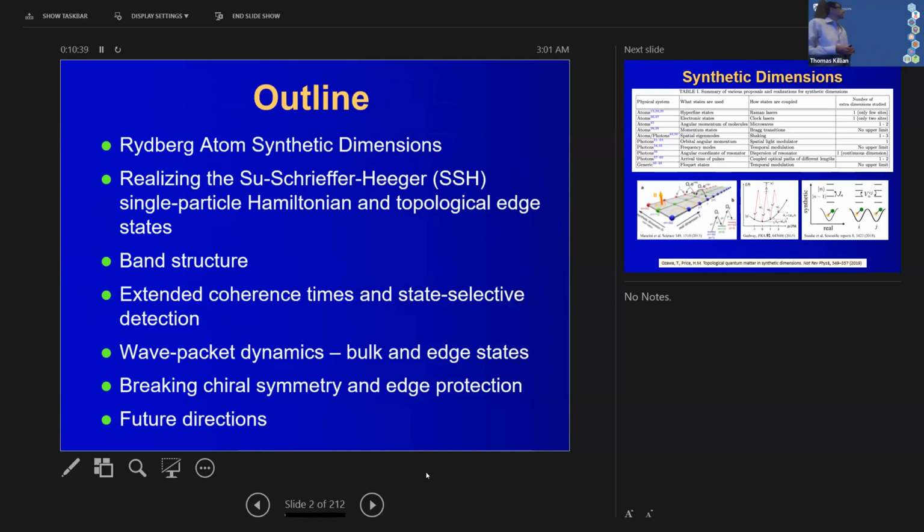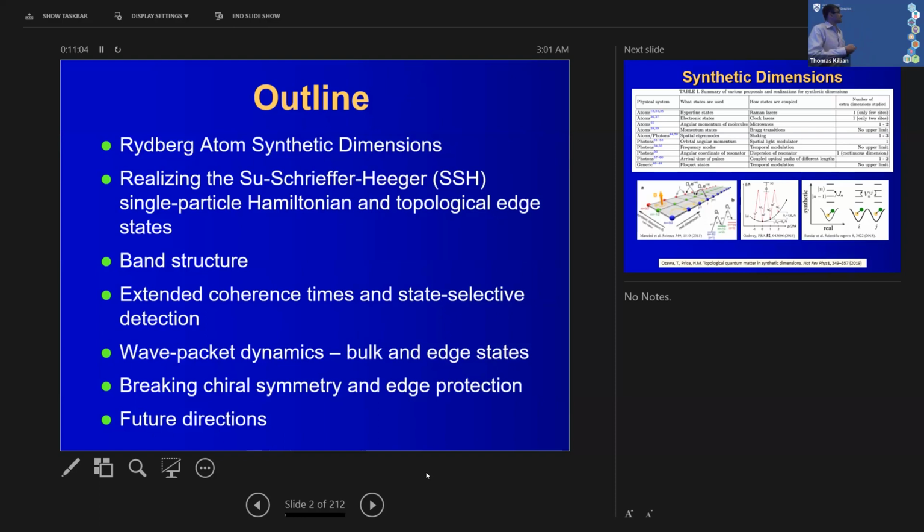So here's the outline. First, I'll describe what our Rydberg atom synthetic dimensions setup is, and present a realization of a SSH single particle Hamiltonian and topological edge states, which show the power, and has been a platform for us to figure out all the different tools that are at our disposal, the limitations and the possibilities.